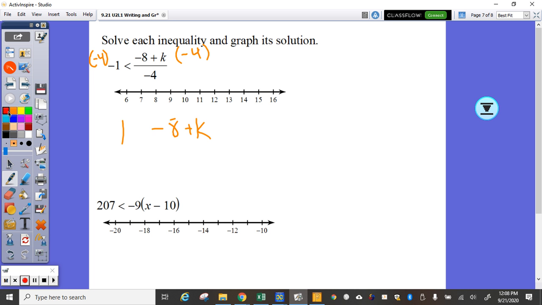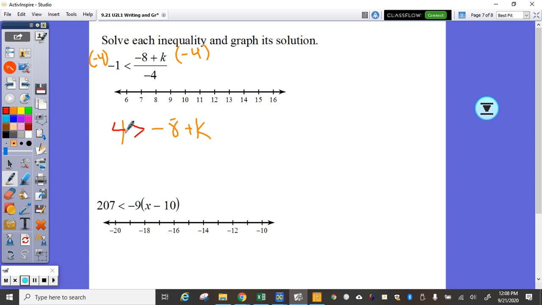What's my sign? What's my sign going to be? What is it now? Okay. Alright. So again, I multiplied by negative 4, which tells me immediately if I multiply by a negative, I'm going to change this sign right here. So we get a positive 4 is greater than negative 8 plus k.